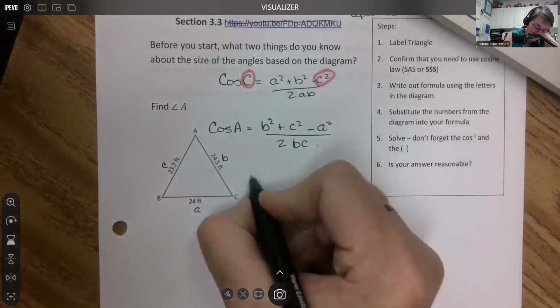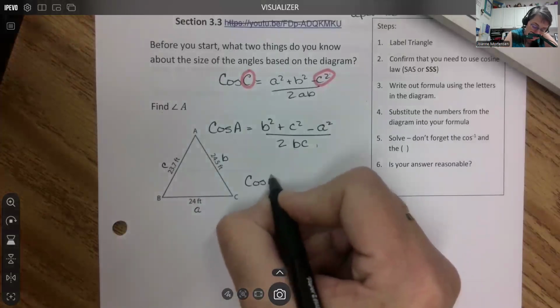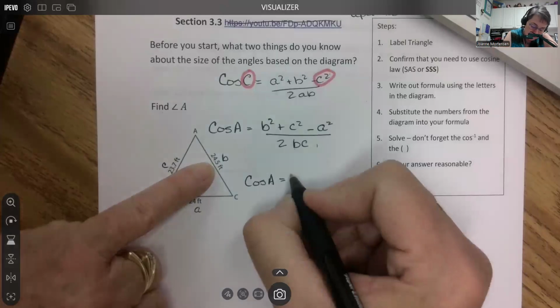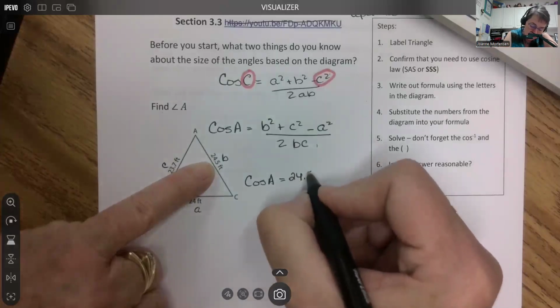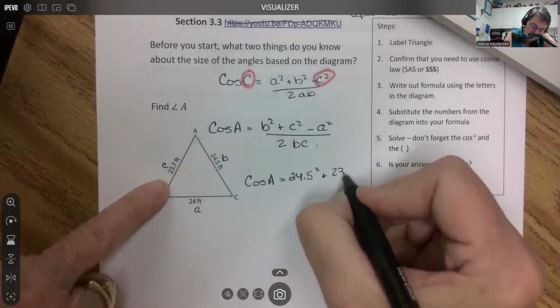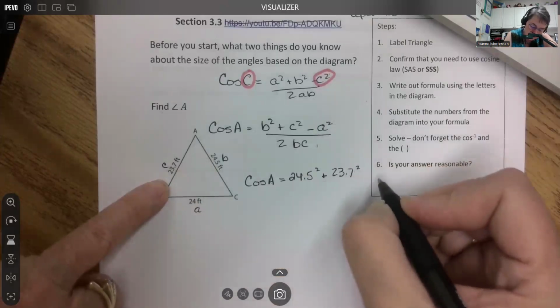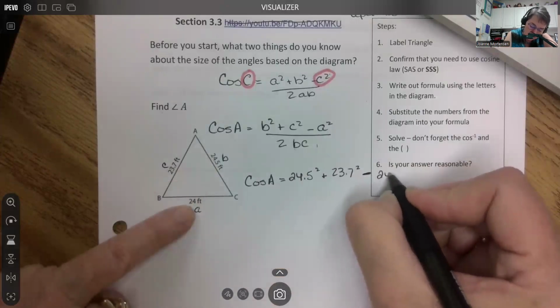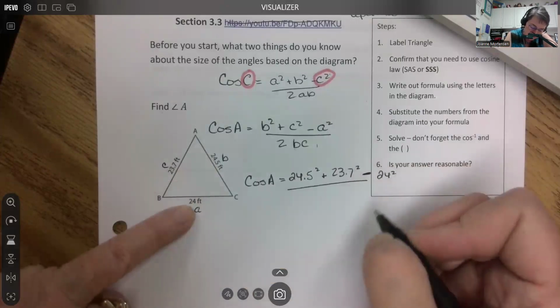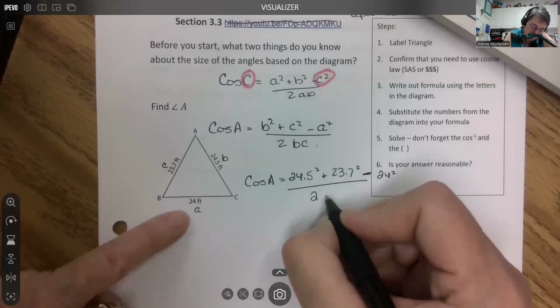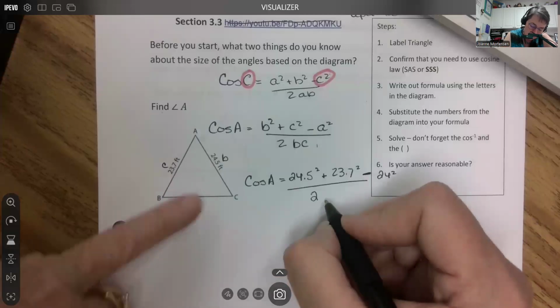And now we have this one. cos A is equal to 24.5 squared plus 23.7 squared minus 24 squared, divided by 2 times B. Where's B?